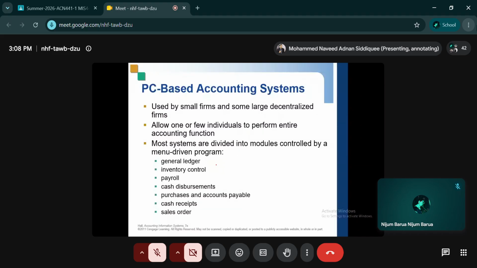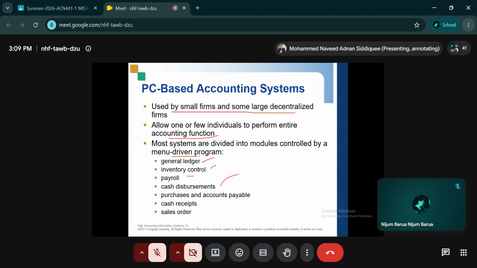A typical company uses GL, inventory control, payroll, disbursements, right? All of these are used by a typical company. So এখানে both used by small firms and some large decentralized firms, it allows one or a few individuals to perform the entire accounting function. Most systems are divided into modules controlled by a menu-driven program.